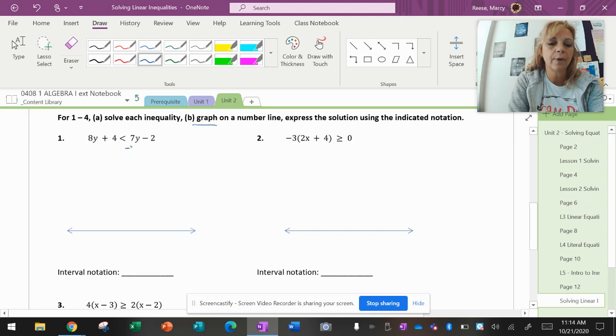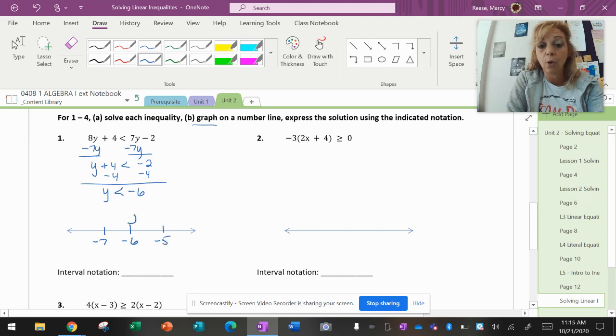First I'm going to start by subtracting 7y to bring all the y's to one side. Then I'm going to subtract the 4, and I've got y is less than negative 6. Then I put negative 6, one lower number, one higher number.